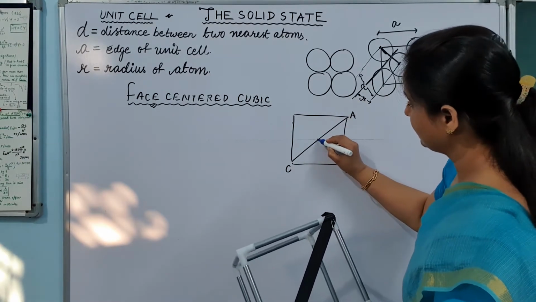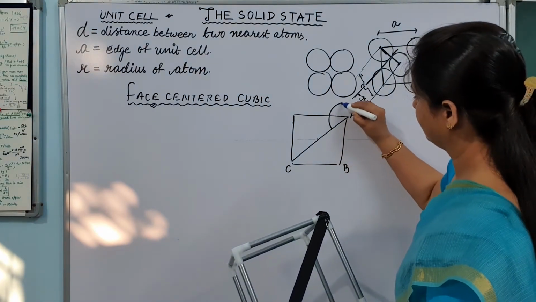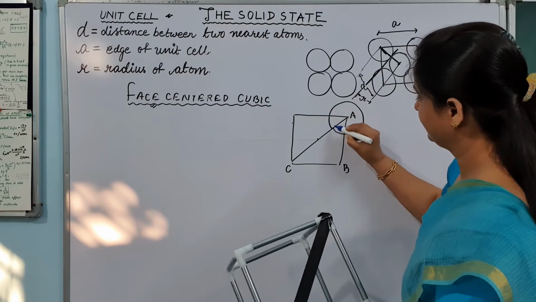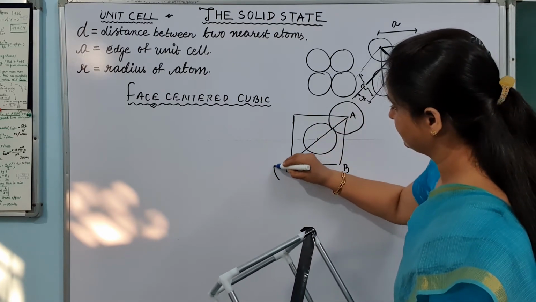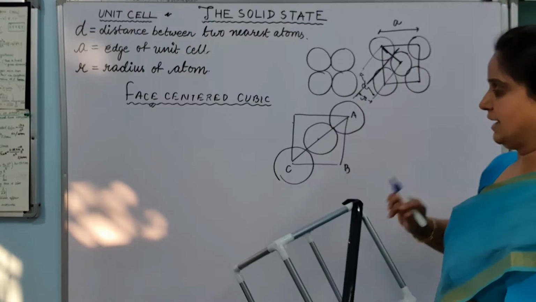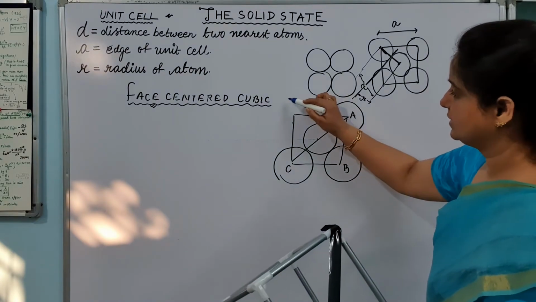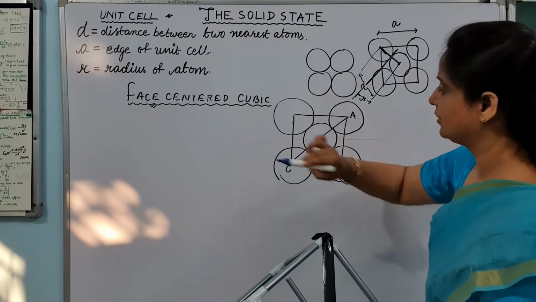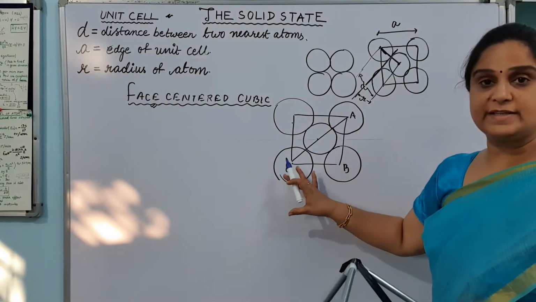So here I am drawing 1 ball, 2 ball and 3 ball. Like this, these balls are lying here. Here you have the 4th ball. Okay, this is the 5th ball. So this way you have your face.